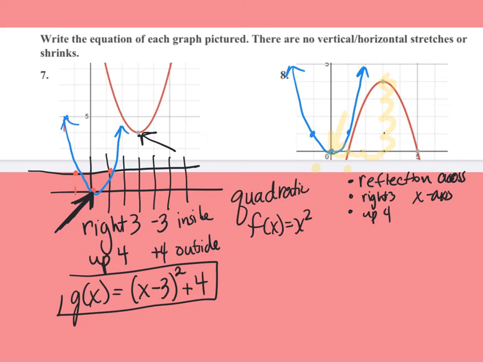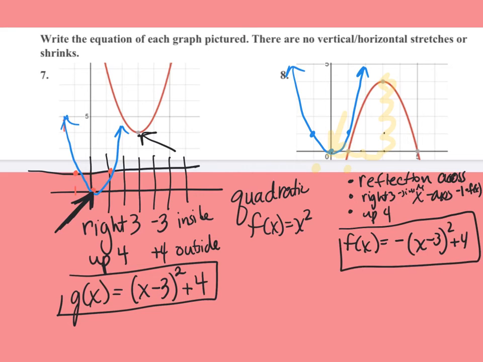So that transformation is perfectly fine for me to say I have f of x equals, a reflection would be a negative on the outside. So you're multiplying by negative 1. You would have an x, a right 3 is minus 3 inside, and up 4 would be plus 4. So that would be my equation for number 8.